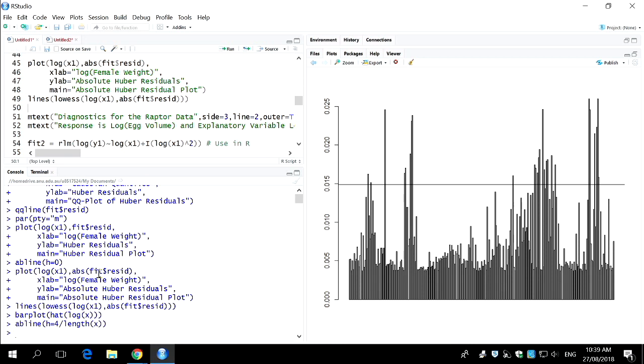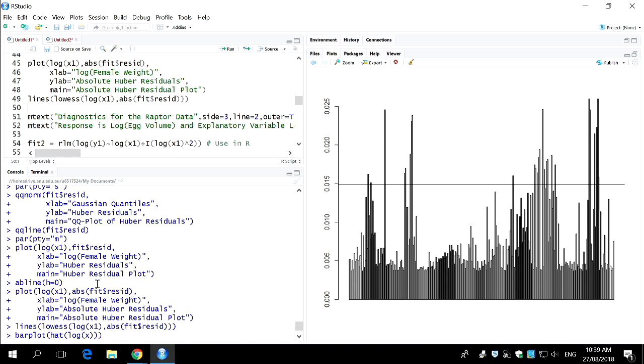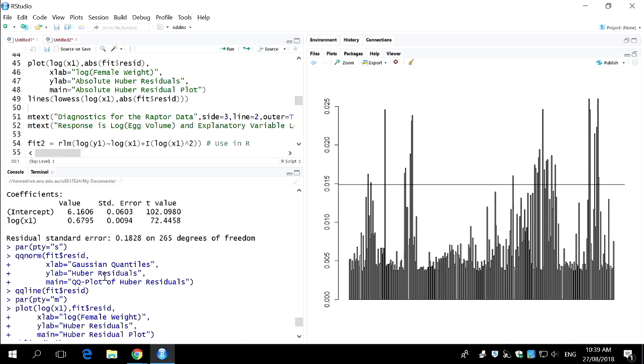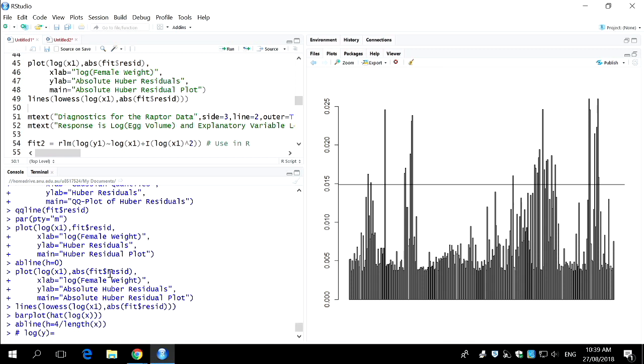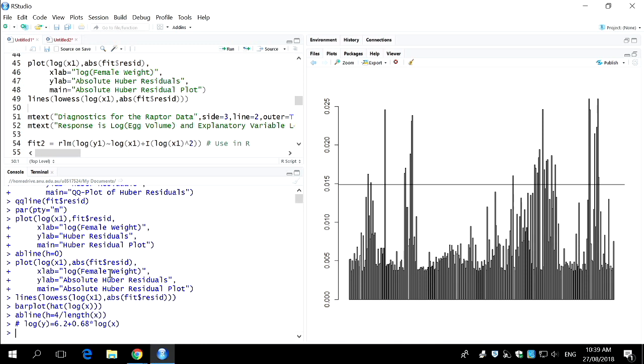Now, again, what did I not do? I didn't write down the model. Should write down the model. So, hashtag log y equals, and what do we have? It's drifted off the top of the screen. It's about 6.2 and 0.68, so 6.2 plus 0.68 times log x. Okay, then make sure you come through and write it as y equals x, whatever.